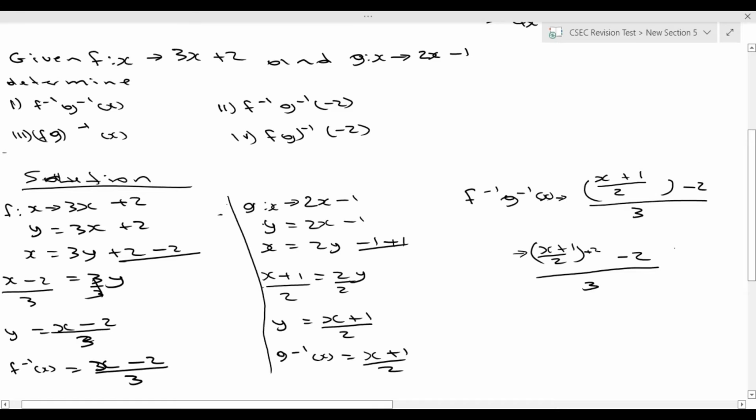I'm going to multiply by 2, so we will have a cancel. We will have x plus 1.